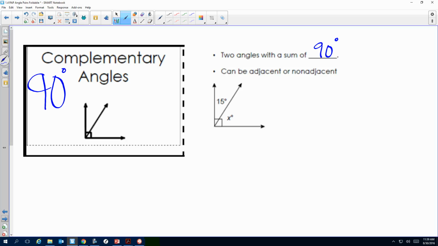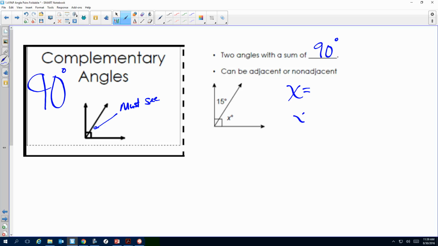Also, to identify complementary, you must see the box. You must see that box to identify complementary. Because I have this box here in my example, what would I do to find the measure of angle x?